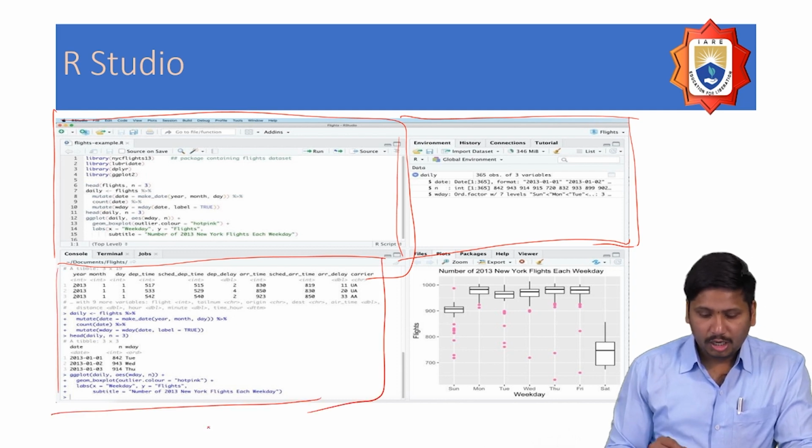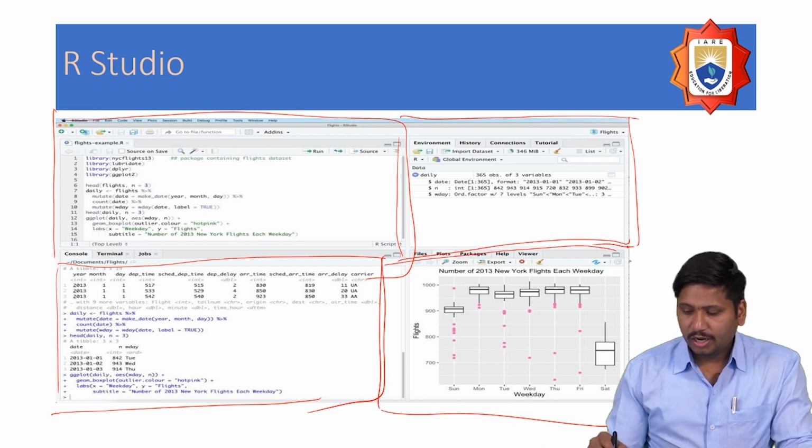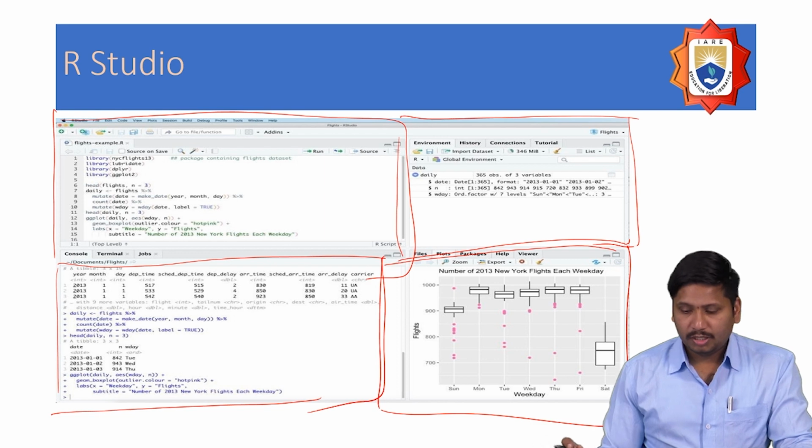Bottom left is the output of the program. And if I deal with plots, I can see them in the bottom right side of this environment, right?